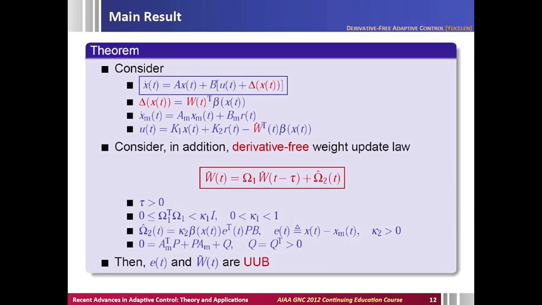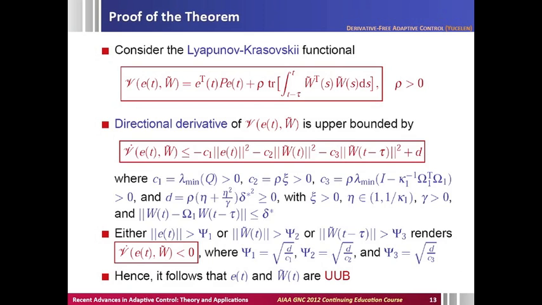So first of all, we have uniform ultimate boundedness of the error dynamics, and W hat weight estimation error with this weight update law. And the proof, I would like to go through the proof, but the proof is, if I'm not wrong, 4 pages long. And I don't want to bore you about that, but just a sketch of the proof is we consider these Lyapunov-Krasovskii functionals. So now we have an integral here.